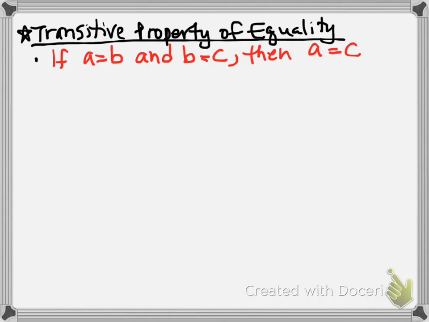Okay? And then the last one of equality would be the distributive property.